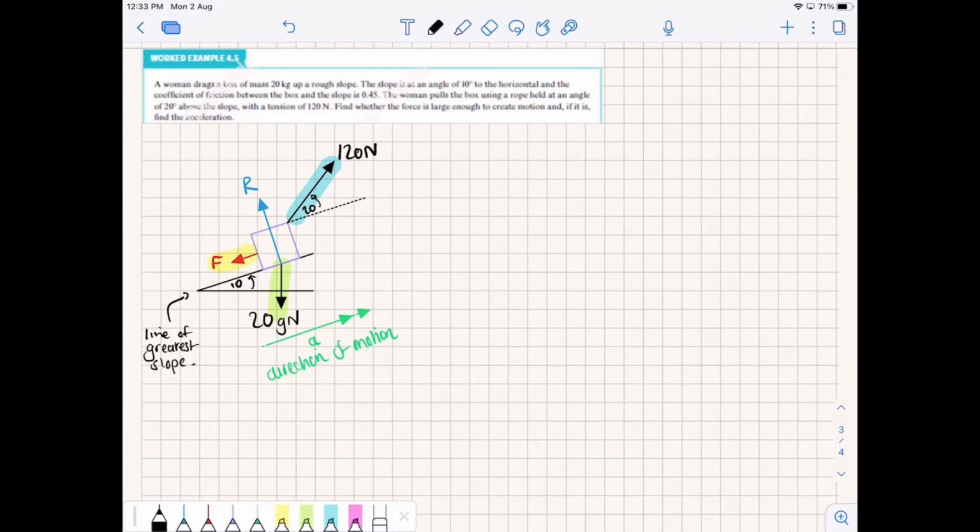So the first step we're going to do is resolve vertically, right? Remember, we are making the assumption that the box is going to be sliding up and down the hill. And so we are assuming that the forces vertically are going to be in equilibrium.